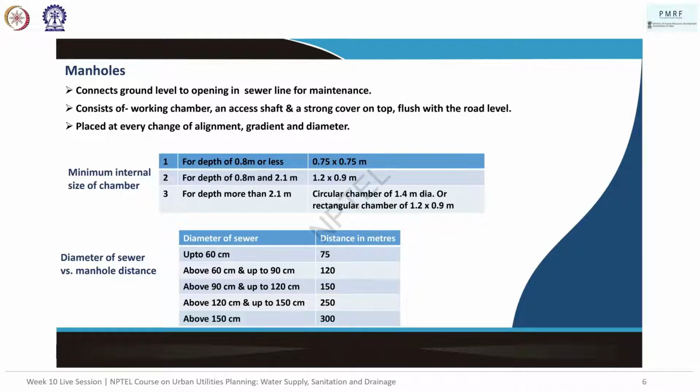Essentially, looking into the content from the lectures, manholes are appurtenances that help connect ground level to an opening in the sewer line for maintenance and any kind of checking. It generally consists of a working chamber, an access shaft, and a strong cover on top, which is usually flush with the road level.